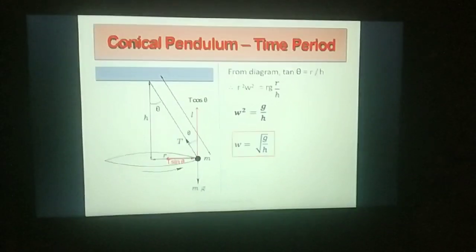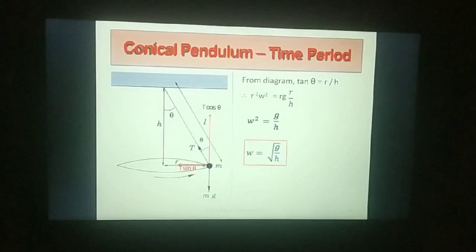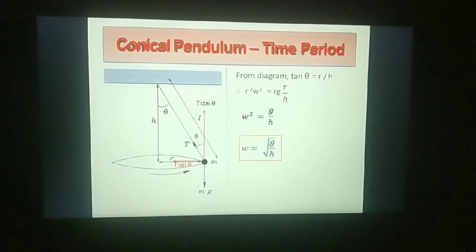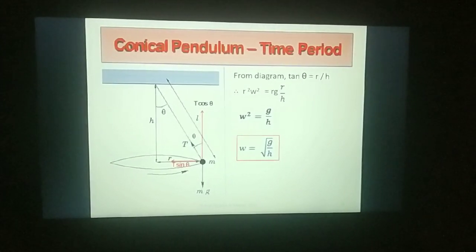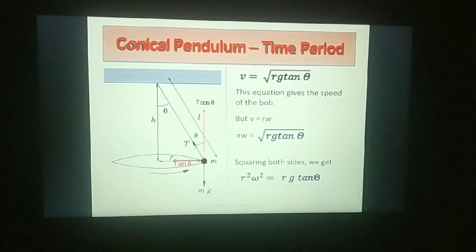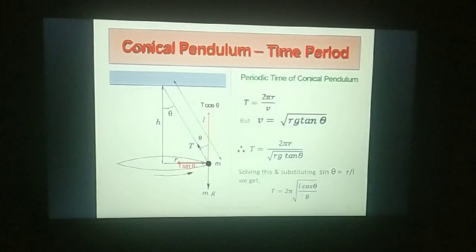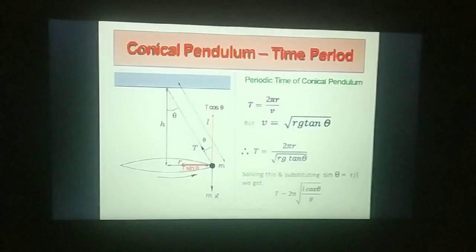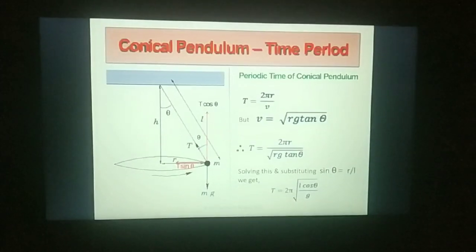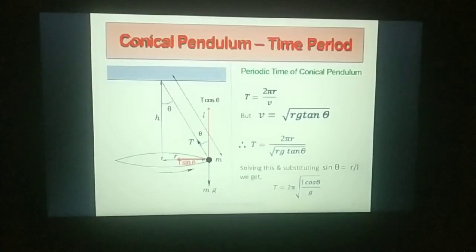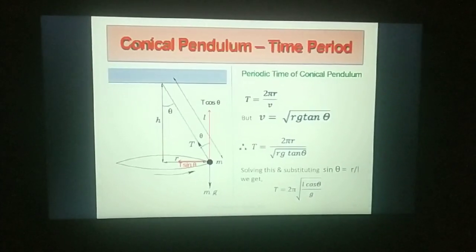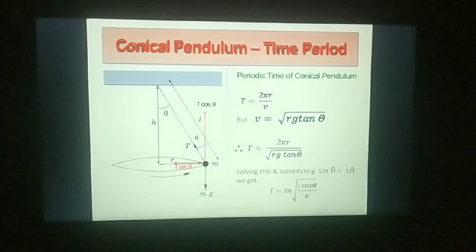Now suppose instead it is asked to determine the period of the conical pendulum. From the expression v equal to square root of rg tan theta, you will directly jump to the next step: you will define period T equal to circumference of circle divided by speed or linear velocity.